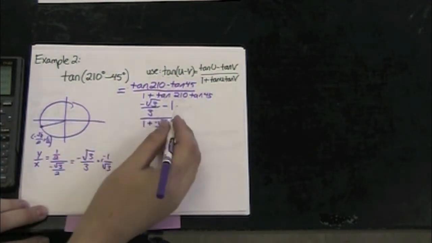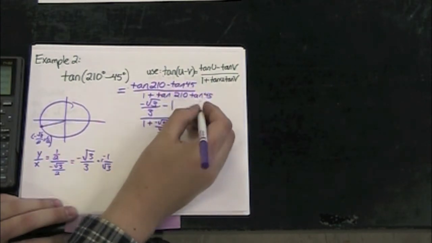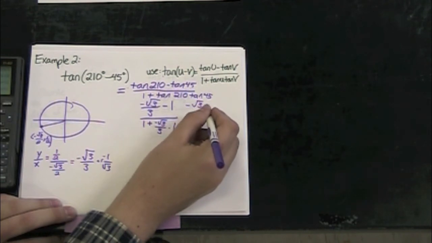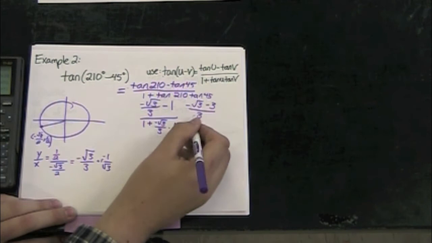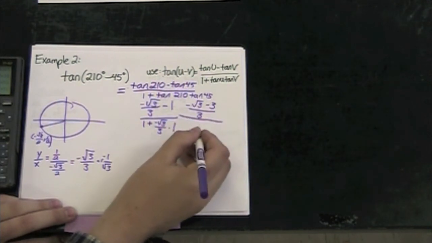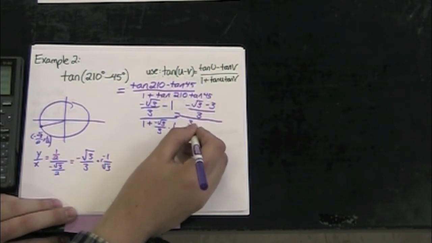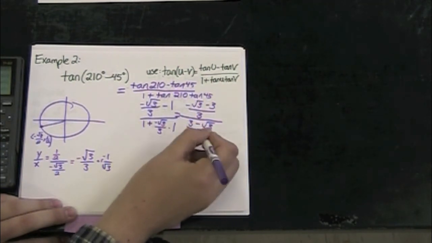When I go to simplify this, I'm going to have negative square root of 3 minus 3 over 3 all over 3 minus the square root of 3 over 3.